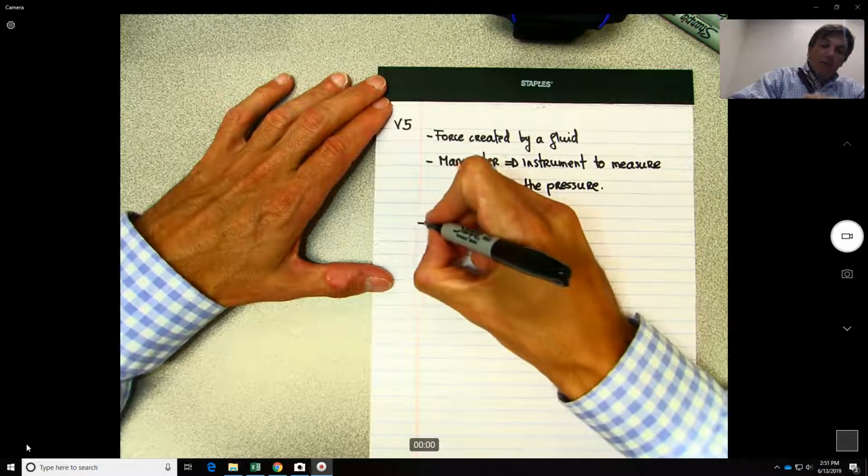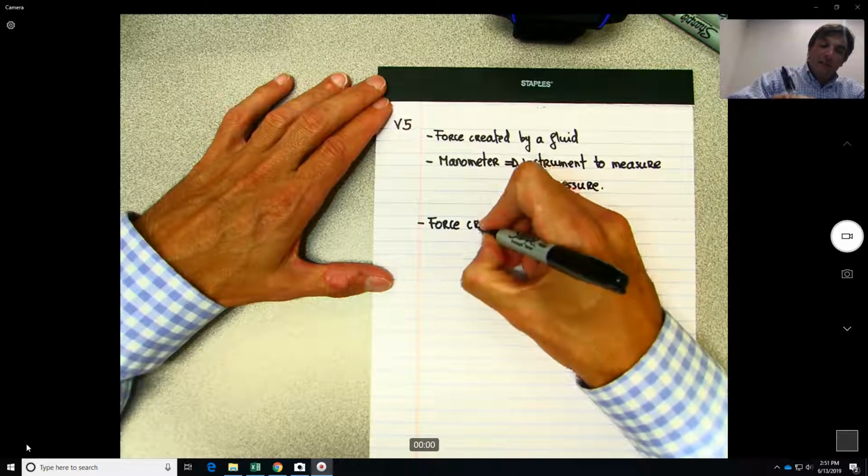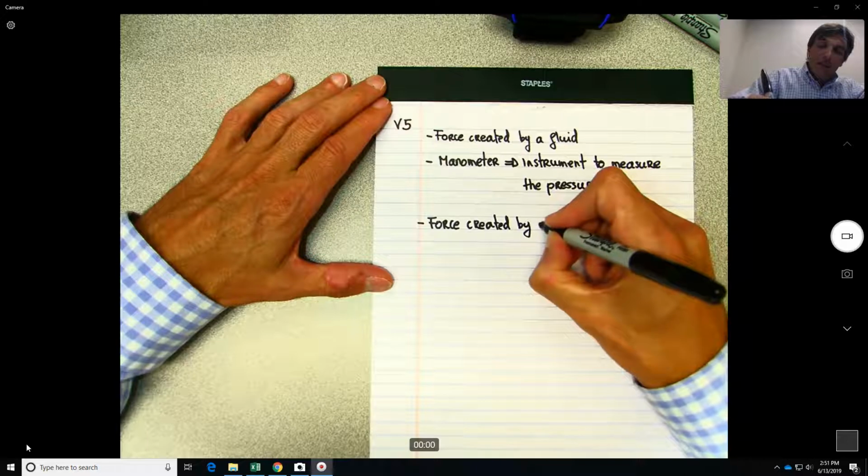Okay, so let's first look at force created by a fluid.